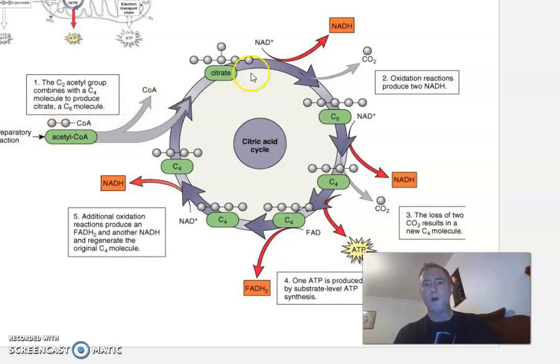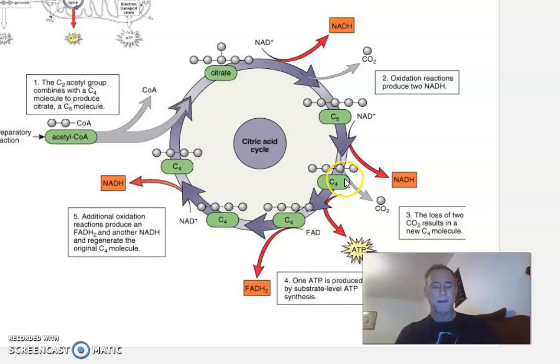I am losing carbon dioxides in this process, and I'm also pulling hydrogens out of this breakdown product because it's really the hydrogens that I'm interested in that I'm going to use later, and in the meantime I get the benefit of a little bit of ATP that's produced at this point in the reaction.